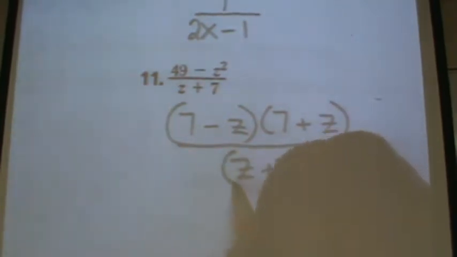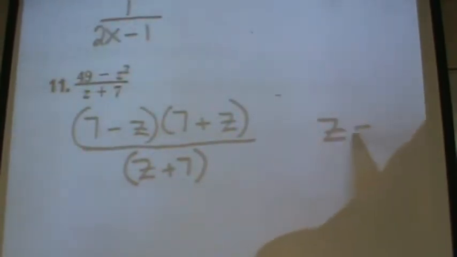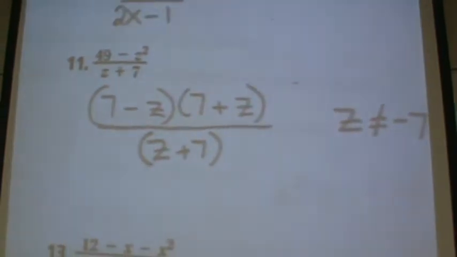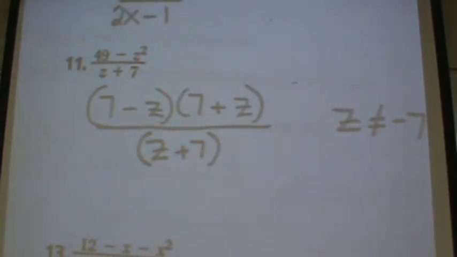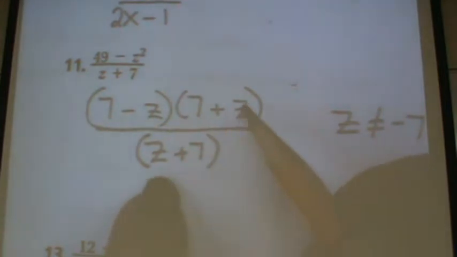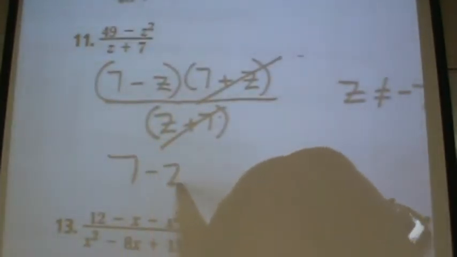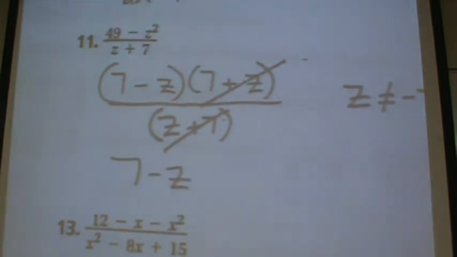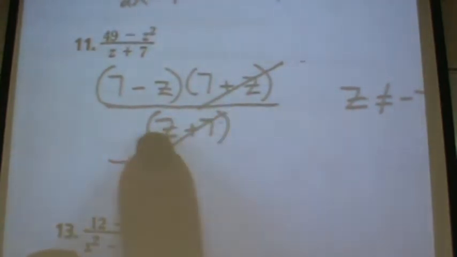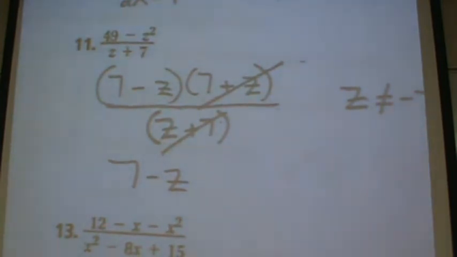What's your restriction? z can't be what? Negative 7. Good. Now what cancels? z plus 7. These are the same. So your answer is 7 minus z. Yes or no? z plus 7 and 7 plus z are the same. They just switched.